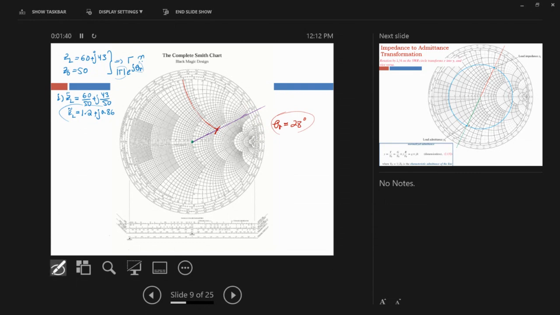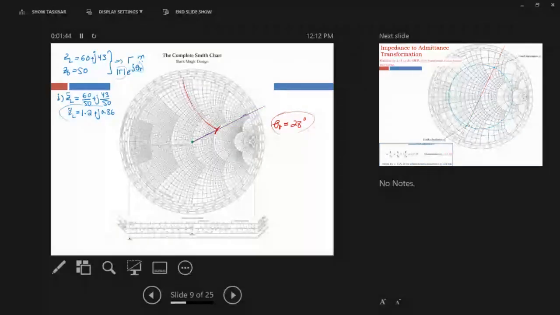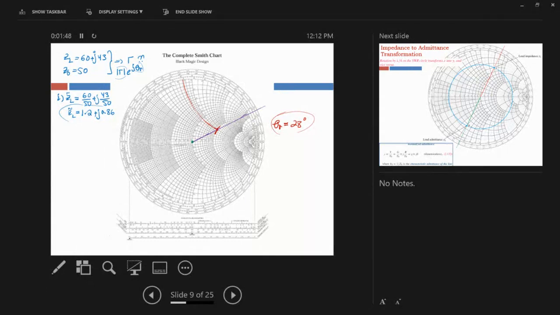Okay, and you read it again where it says the angle of reflection coefficient. Now we go back to the scratch paper. You remember you had 2 marks on it, one at the center, one at the intersection, the location of the load. Now look down here, you see the center, right? It says center. Now continue on with this, and over here, what do we read?